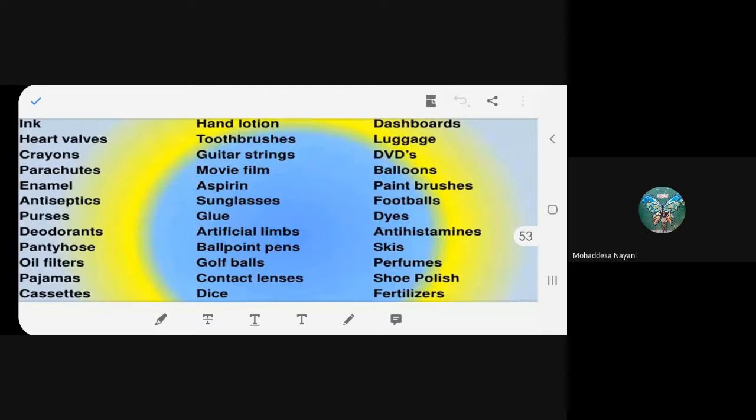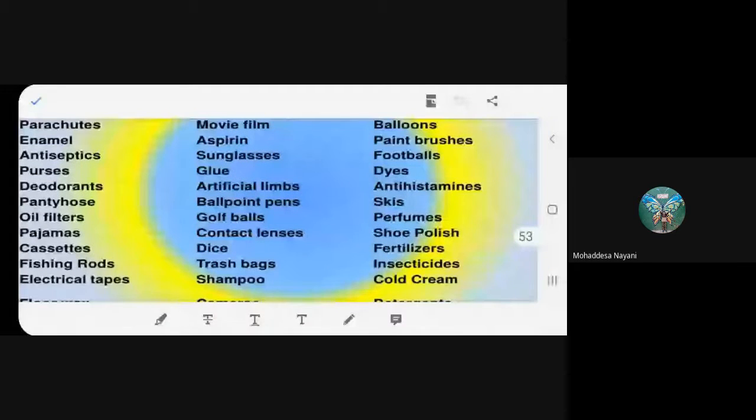Ink, heart valves, crayons, parachutes, enamel, antiseptics, purses, deodorants, pentethers, oil filters, pajamas, cassettes, fishing rods, electrical tapes.